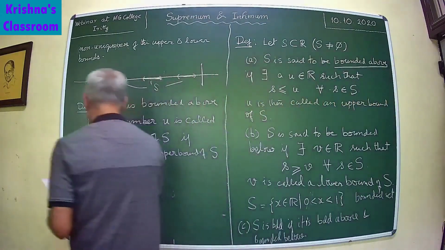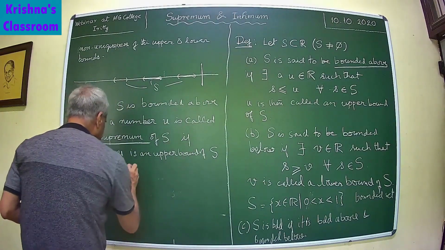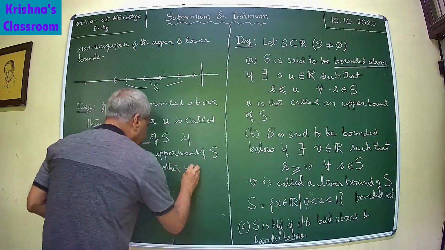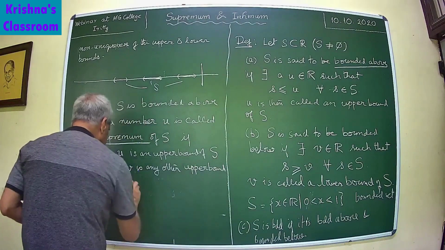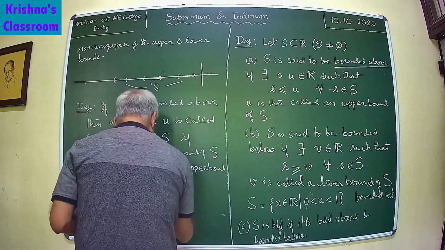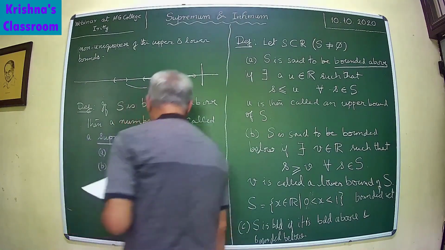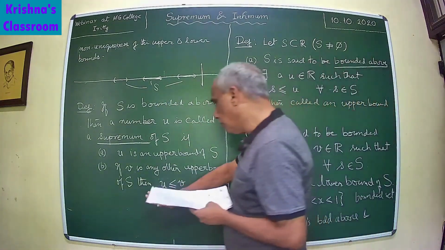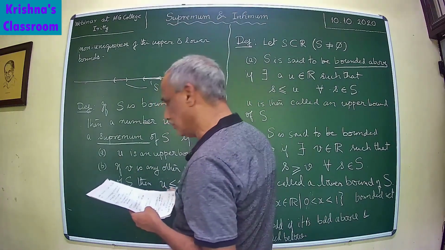That's the first property. It should also have the second property, namely, if V is any other upper bound of S, then we should have U is less than or equal to V. So there is no upper bound of S below U. This is the minimum.